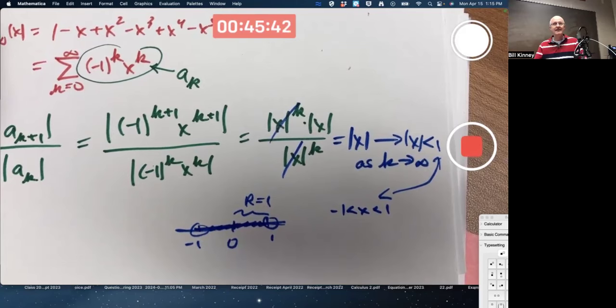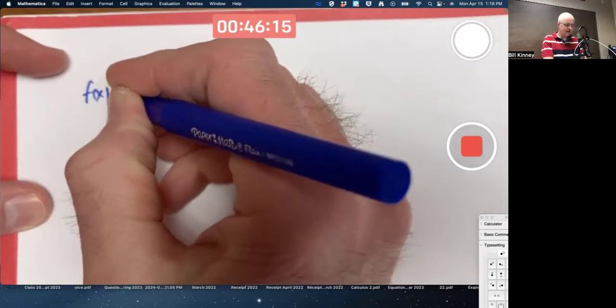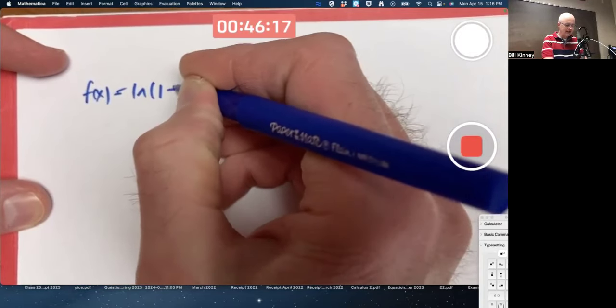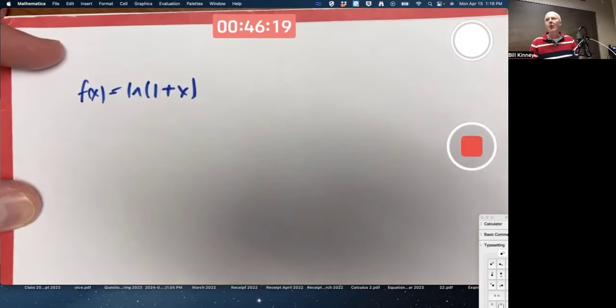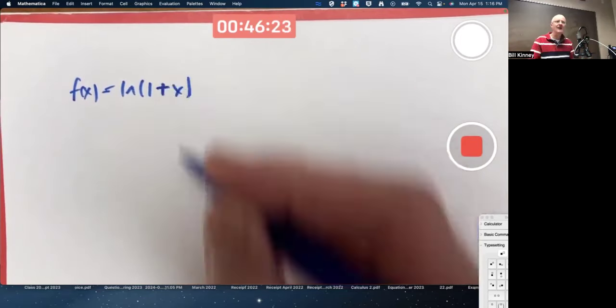Proving that it's the interval of convergence is not a difficult proof for the interval itself, but to show it converges to the function f is beyond the scope of what we're doing right now. The example is f of x equals ln of 1 plus x. Why do ln of 1 plus x instead of ln of x?